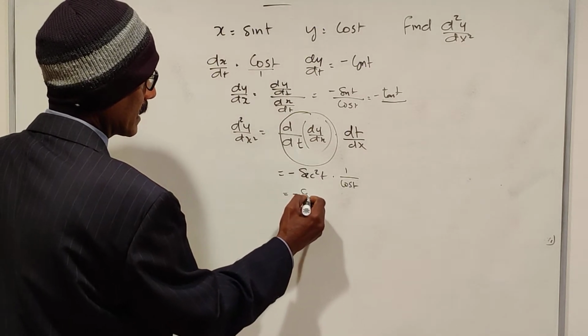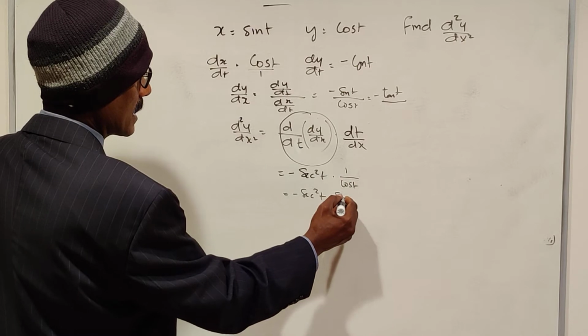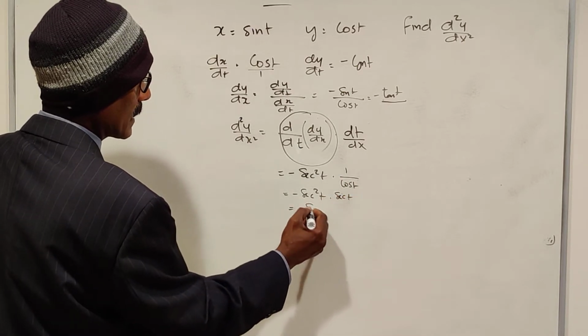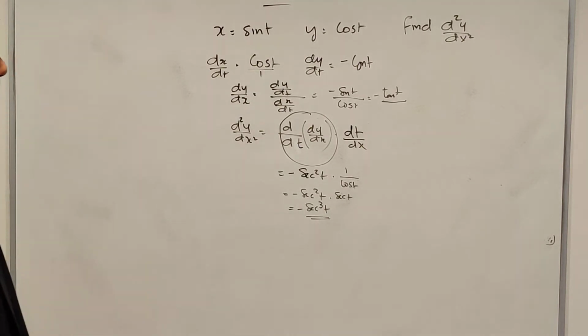So minus sec square t times sec t, so minus sec cube t. Okay, that is the answer.